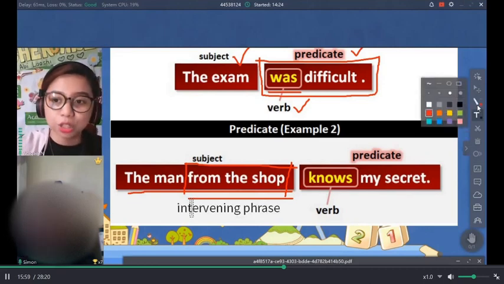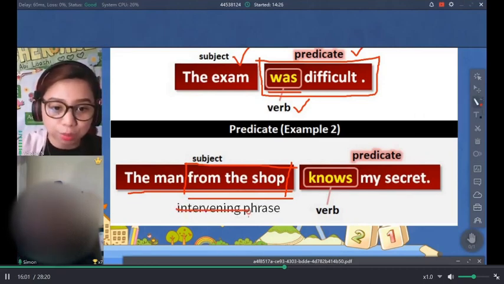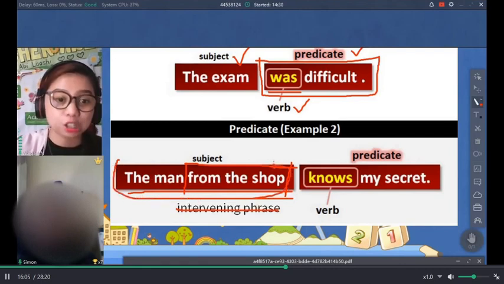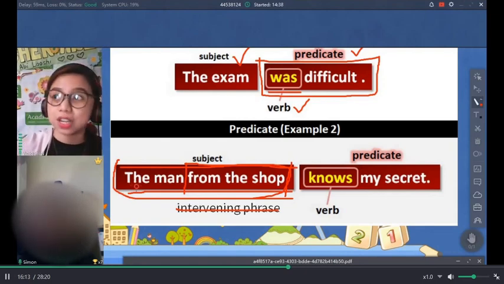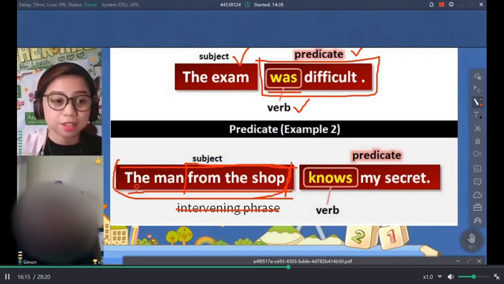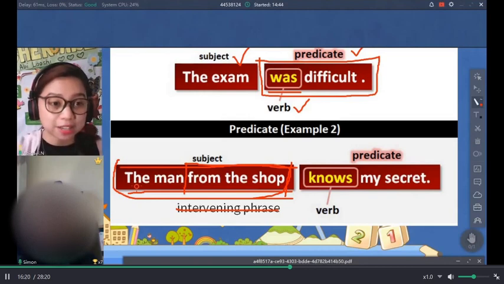I don't want to confuse you, so do not mind this phrase. Just remember that this is a long subject because it describes who the subject is, the man from the shop. You can also say the woman from the city or the cat from the street.